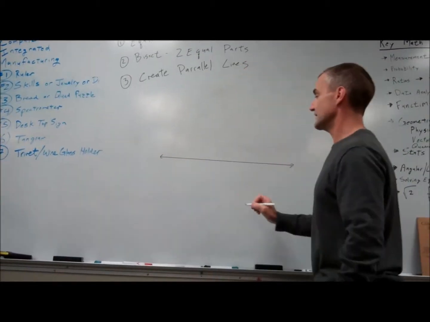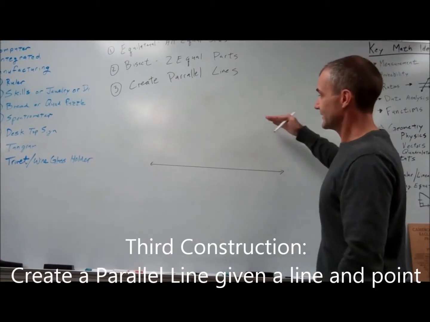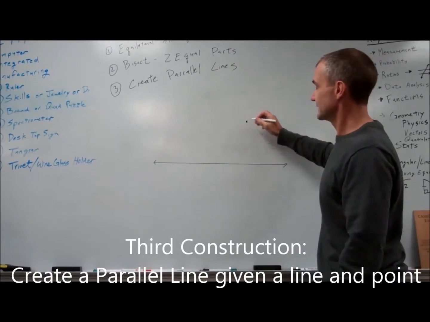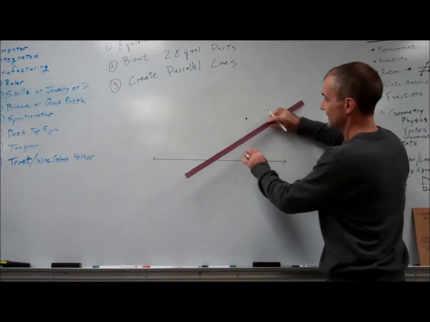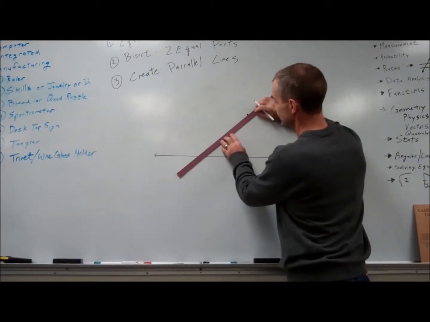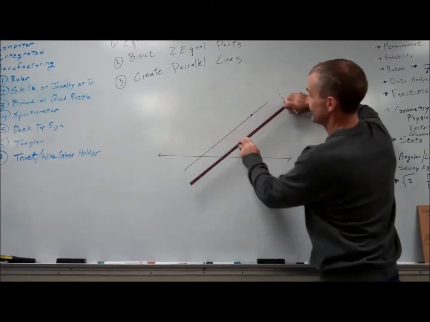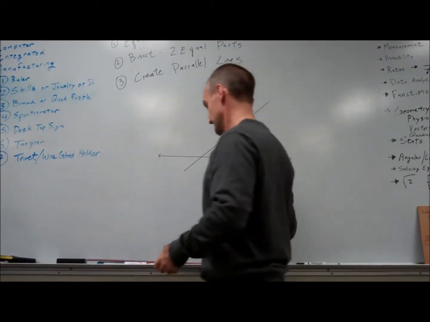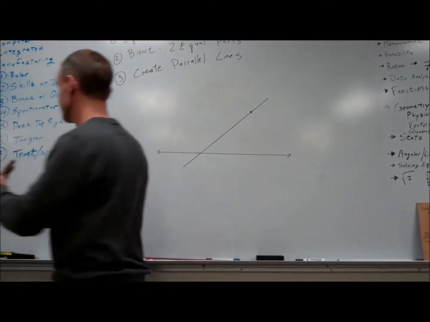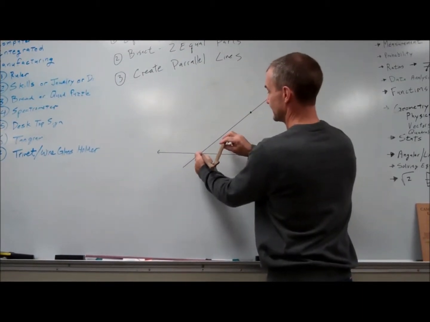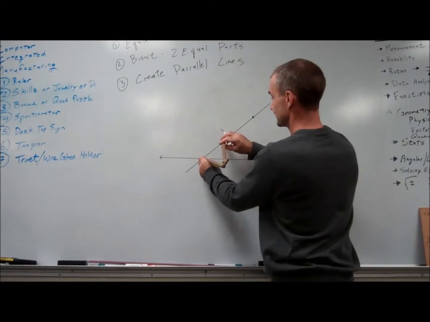So if I have a given line, I want to create a line parallel to that through, say, this point right here. The way I do that is I create a transversal that goes across the two. So I first create a transversal, then I use my compass to create an arc across this first angle.